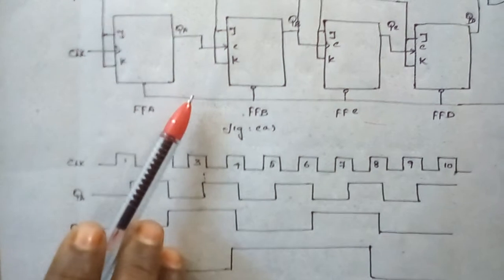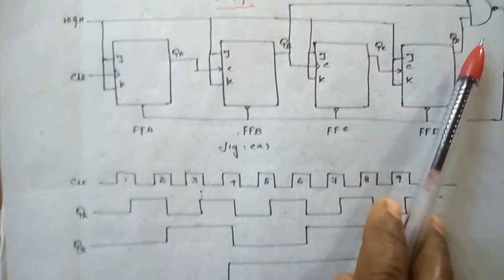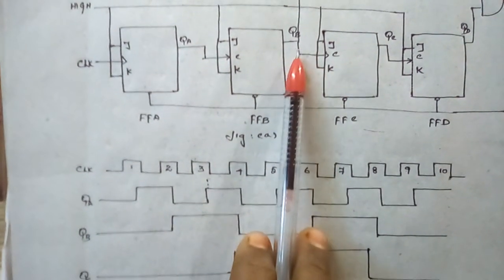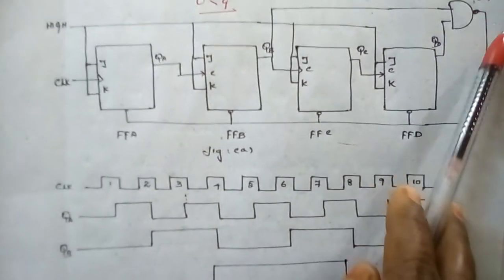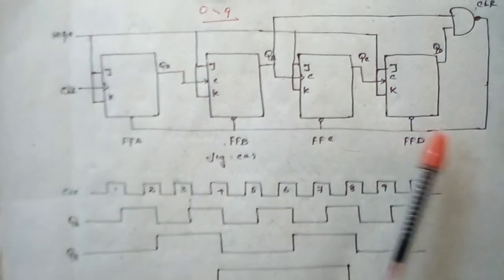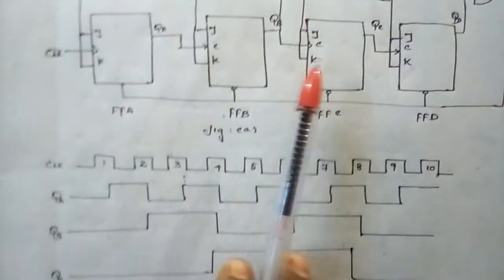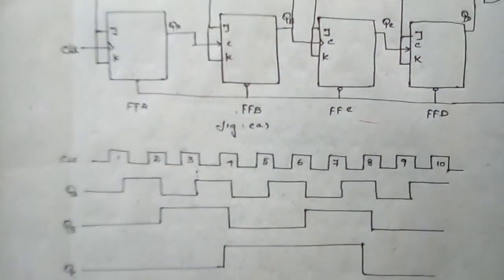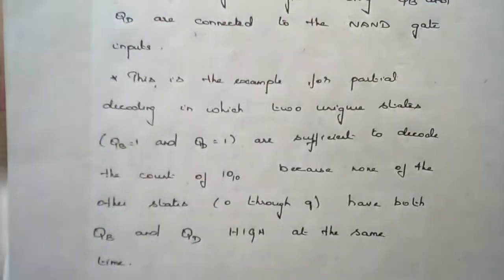For recycling, we provide a NAND gate connected to the outputs of QB and QD. Its output will be low, and it is provided to all the flip-flops, and finally after 0 to 9 the counter is reset.